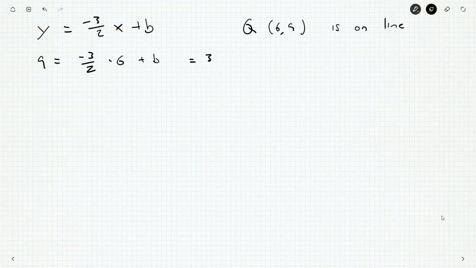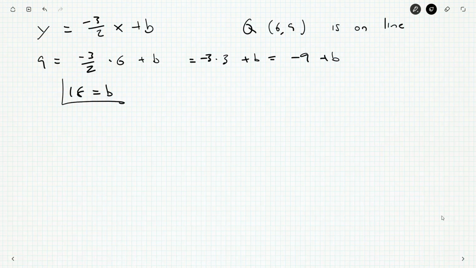Well, that's going to be negative 3 times... 6 divided by 2 is also 3. So that'll be negative 9 plus b. And so rearranging, bringing the 9s to both sides, 18 is equal to b. So that's y equals negative 3/2 x plus 18. Okay, so that's the equation of our other line.